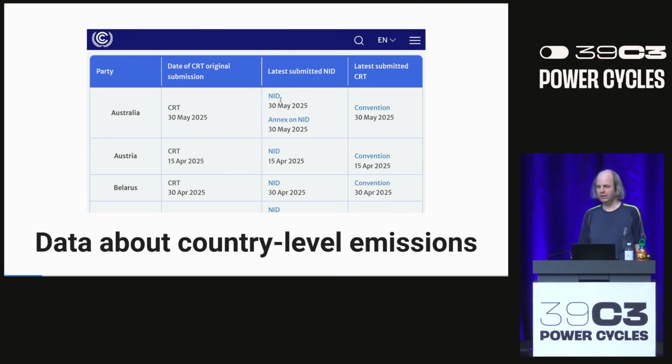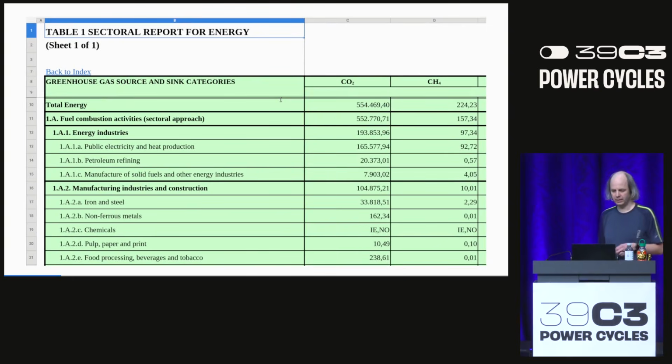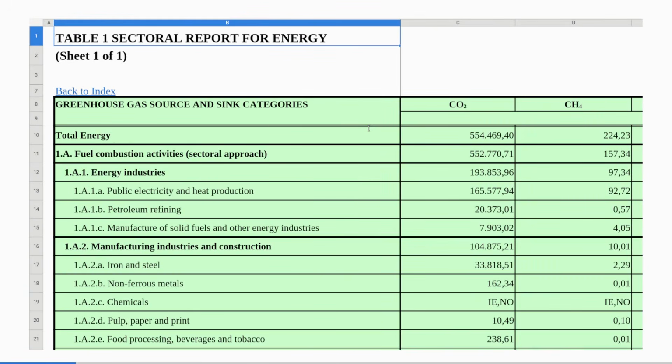And the most relevant part here are the so-called common reporting tables. These are Excel tables. This is how it looks. I think you've seen Excel tables before. That's LibreOffice, I don't have Excel.